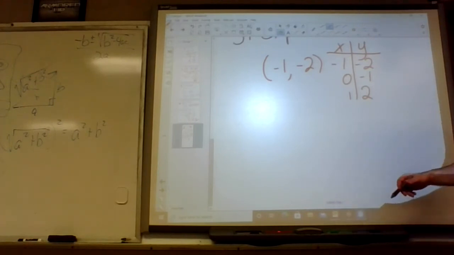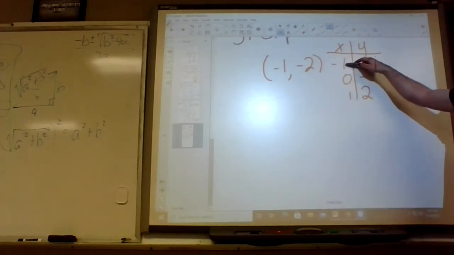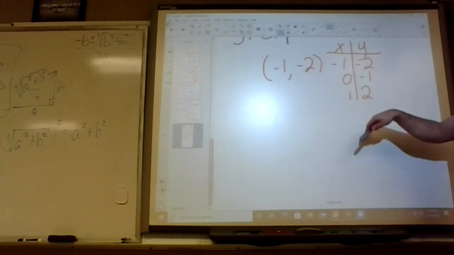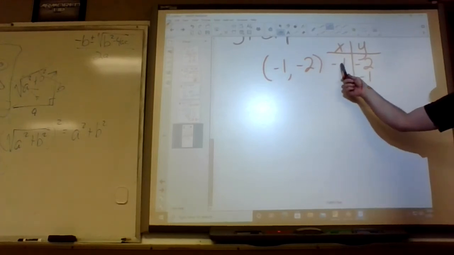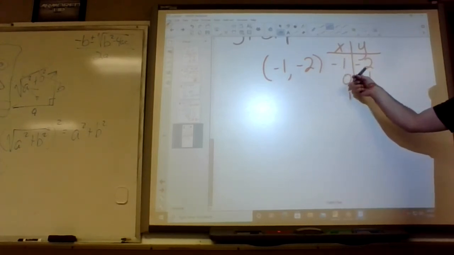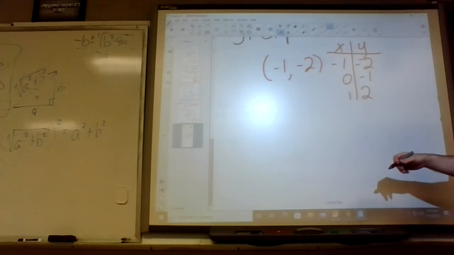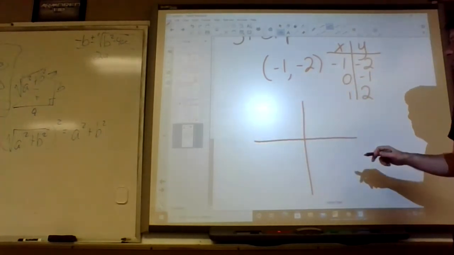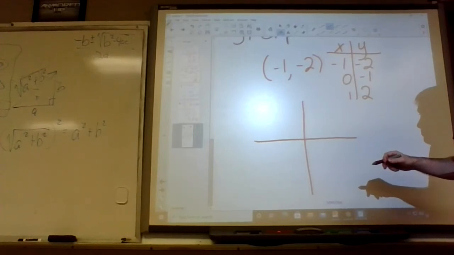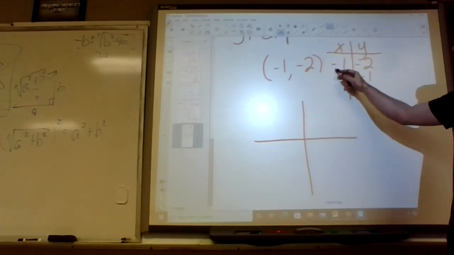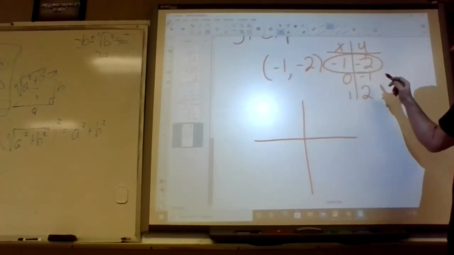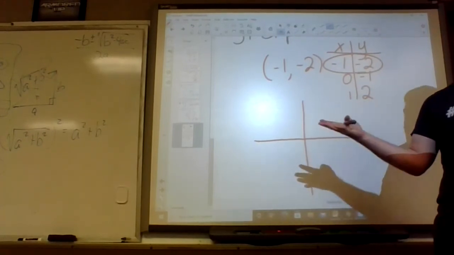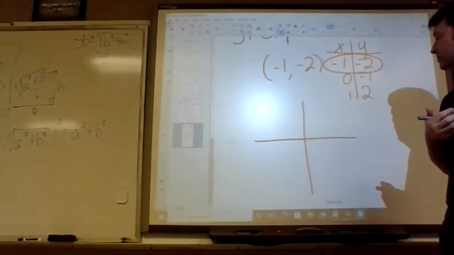Pick x values close to the vertex x value. The vertex is like the bottom of the parabola. Does that count as 1? Yeah, the vertex counts as 1 point, and then we did 4 other points besides that.